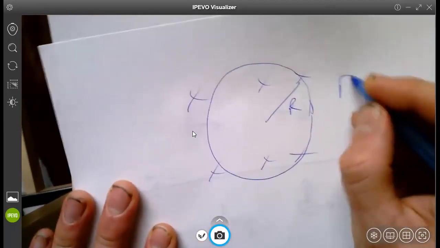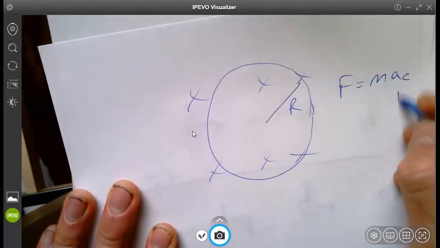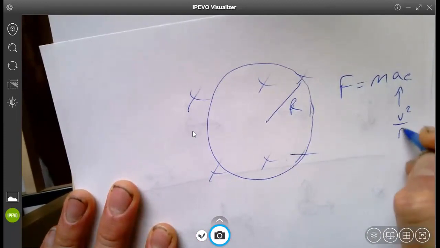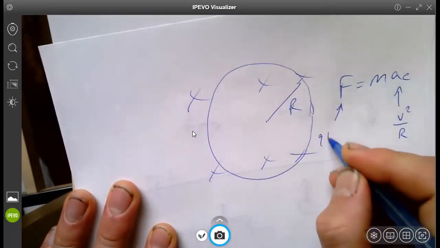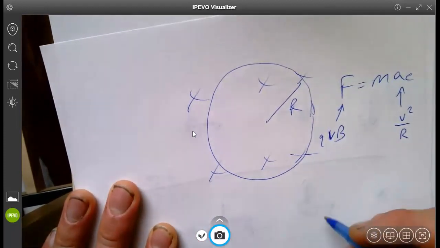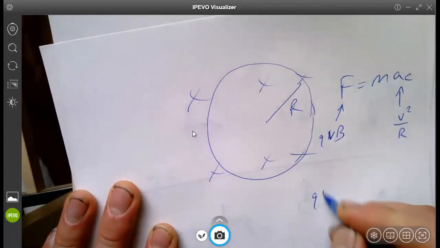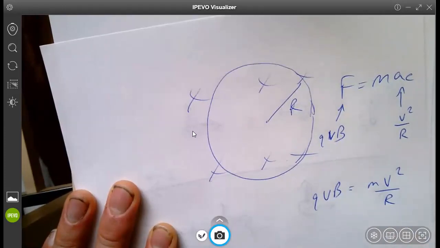We can say F equals ma, where the a is the centripetal acceleration. And you probably remember from physics 125, that was v squared over r. But the force, we just decided, was equal to qvB. So we can put these all together here and say qvB is equal to mv squared over r.